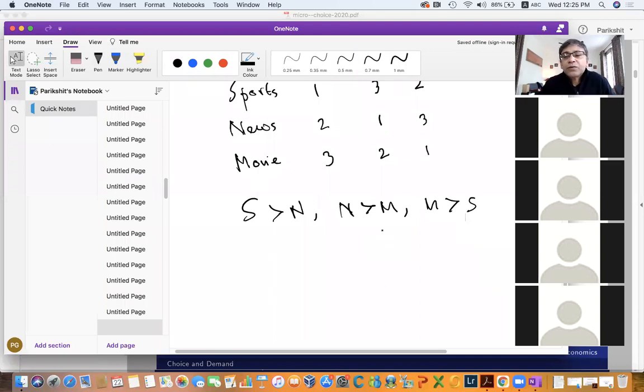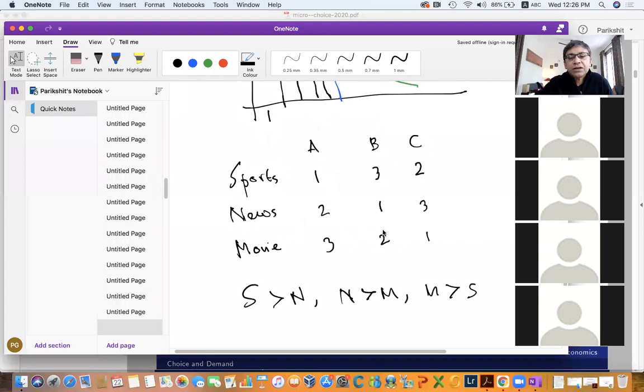Now, you could say that, well, maybe pairwise majority voting was not a good way to aggregate these preferences. Maybe there are other ways that can be suggested. For example, just to mention one, you could use what is called the Borda rule. Borda rule says take the ranks that people assign, add them up. So sports, all the ranks add up to 6. News also 6.